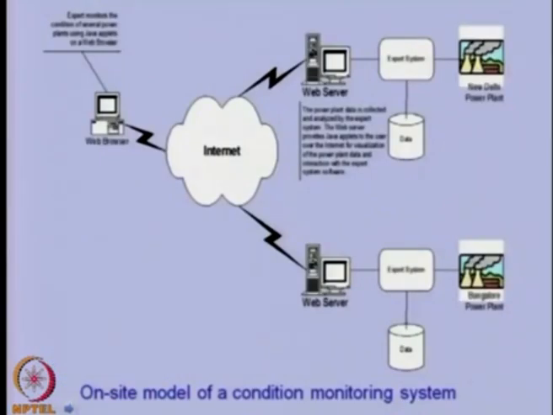So, this is a typical modern on-site condition monitoring system, in which you can see there is a power plant here, and various kinds of information regarding this can be sent to an expert system, which will be storing data, maybe the present data and history data of the plant, and that can be sent through a server through the internet to a remote web browser, where the expert can see the condition of the machine through analysis.